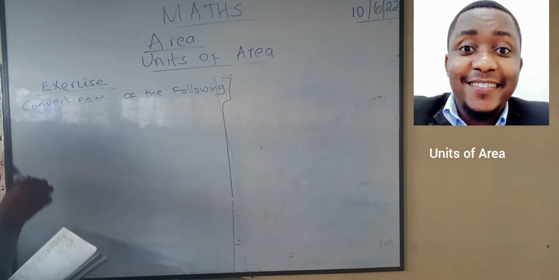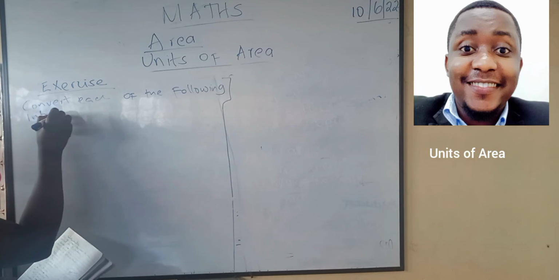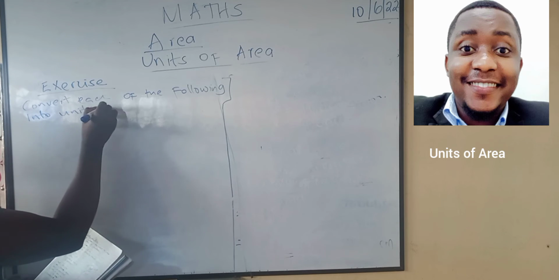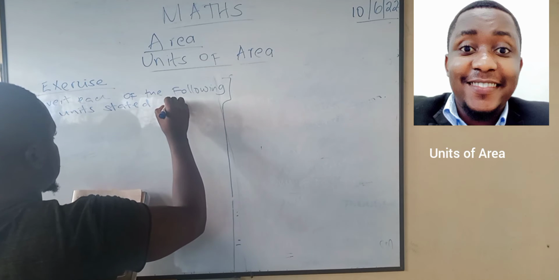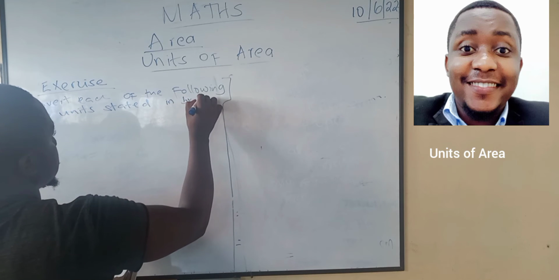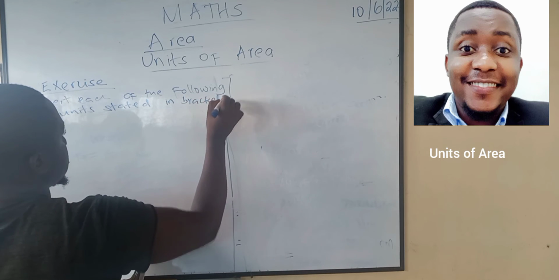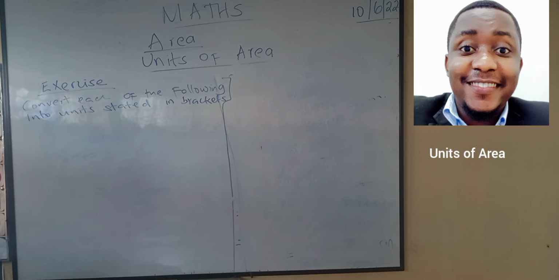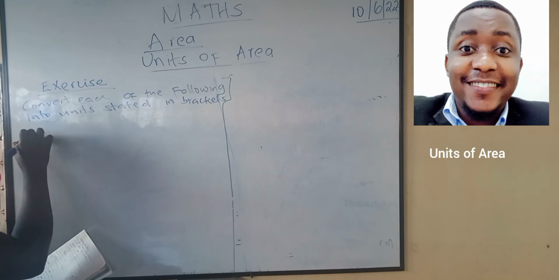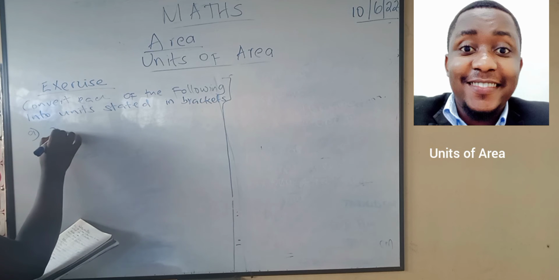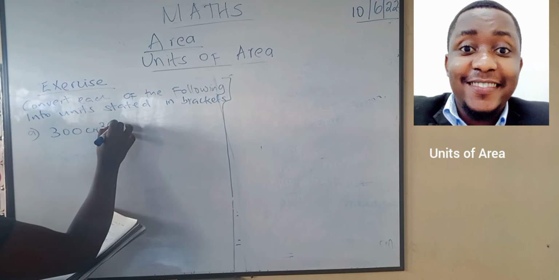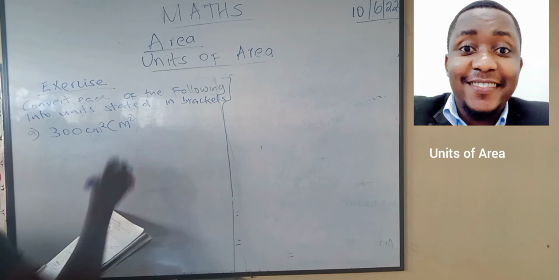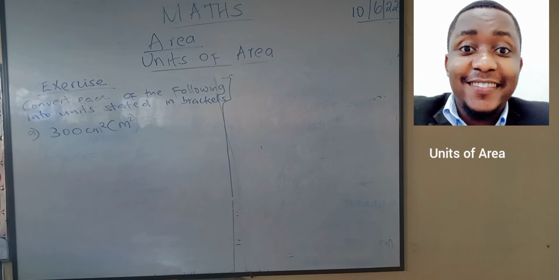So our first one is 300 centimeters squared into meters squared.